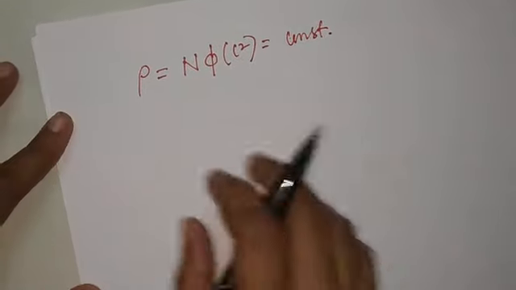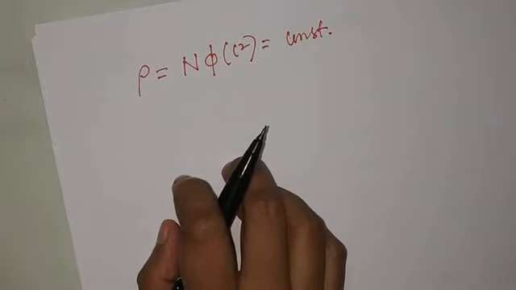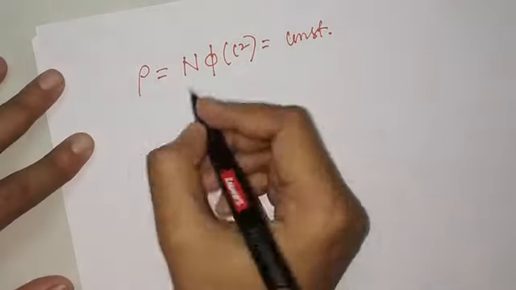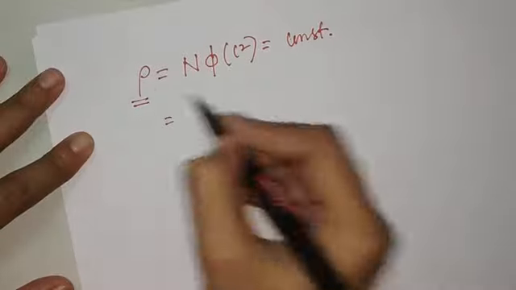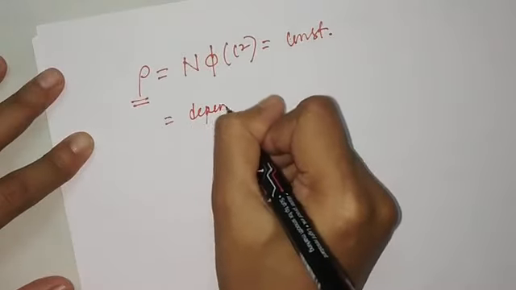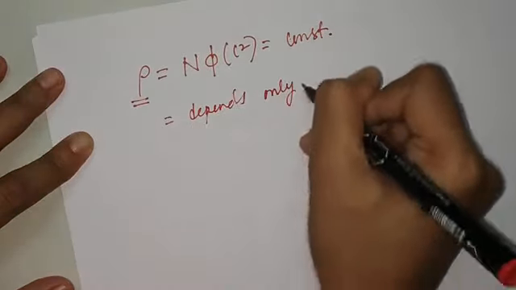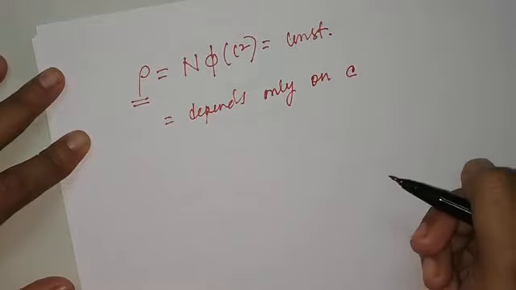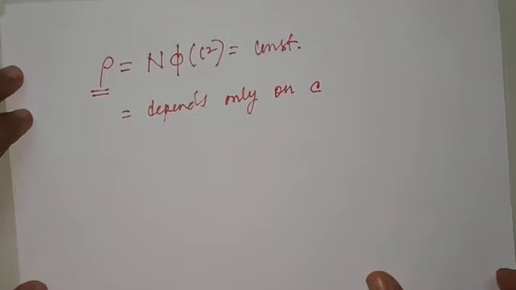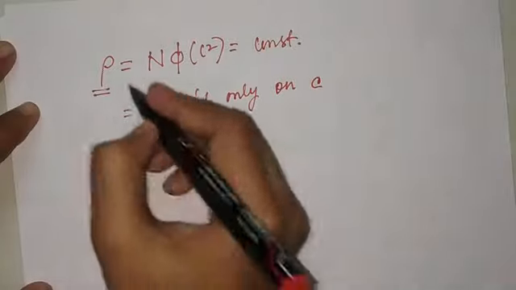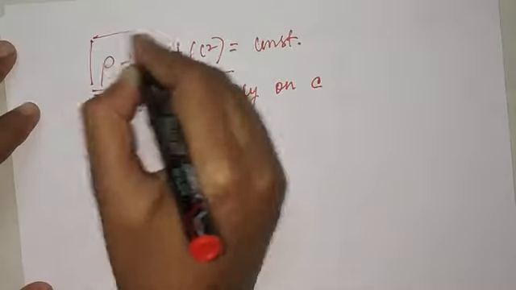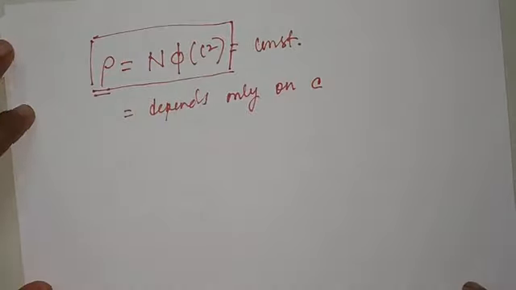Now remember, rho is the number density of molecules in velocity space. So you see that now the number density depends only on c, the velocity. So this equation gives us an idea of how the number density depends on the velocity.